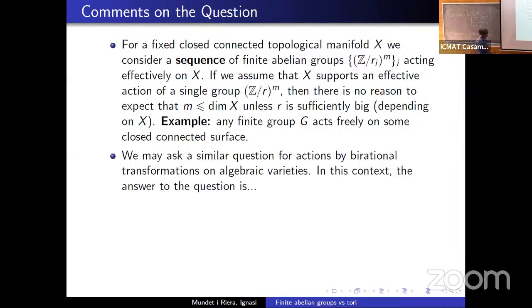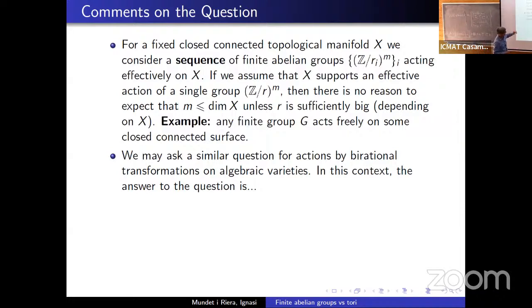Another comment is that the same question that I am asking can be asked in other contexts. Of course, in the context of holomorphic actions, the answer is yes, because we know that for holomorphic actions, D of x coincides with A of x, and A of x, holomorphic certainly, satisfies the same theorem as A of x.